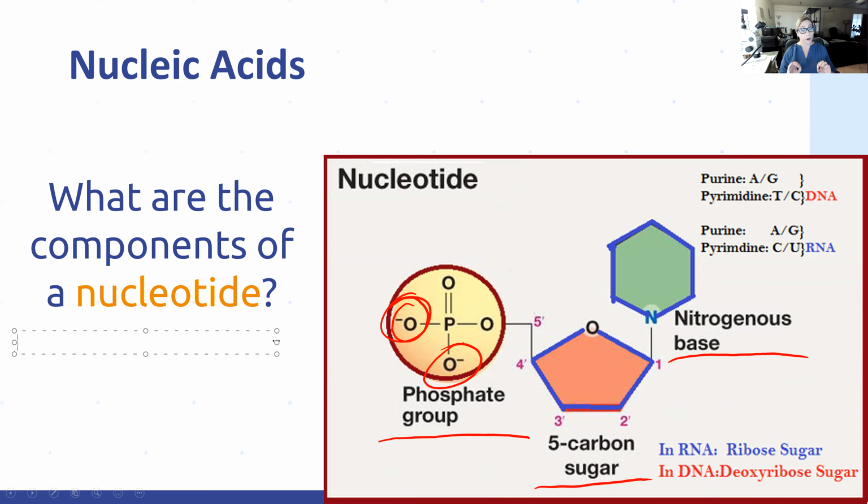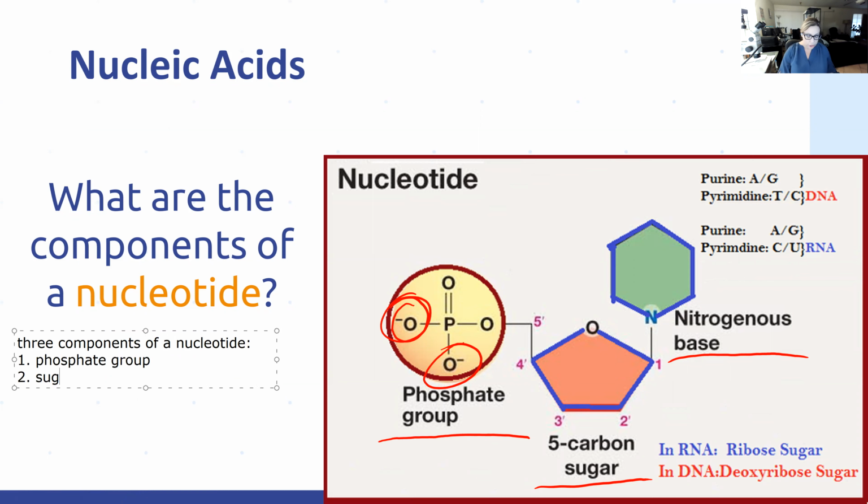I want you to remember that there are 3 components of a nucleotide. So the first one, just remember phosphate group, sugar, base. Phosphate, sugar, base. Those are the 3 parts to a nucleotide, which again is the monomer of a nucleic acid.